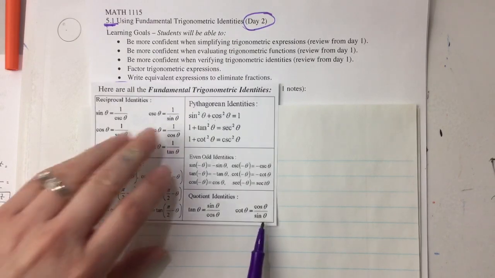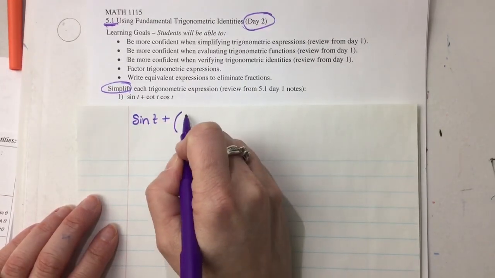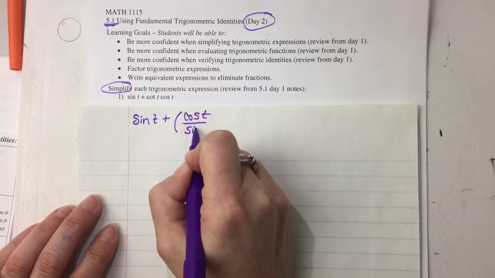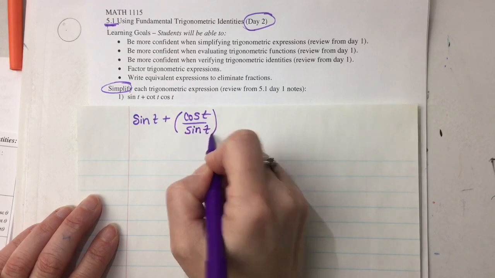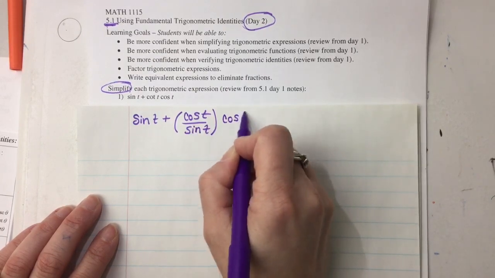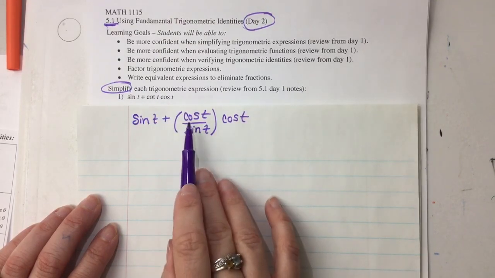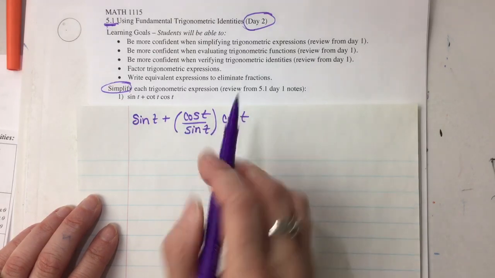Okay, I'm going to start off saying, all right, cotangent, because of the quotient identities, is the cosine of t over the sine of t. Now that's being multiplied by the cosine of t. So the first thing that I did is I changed my cotangent into cosine over sine. Now you'll notice I have adding and I have multiplying.